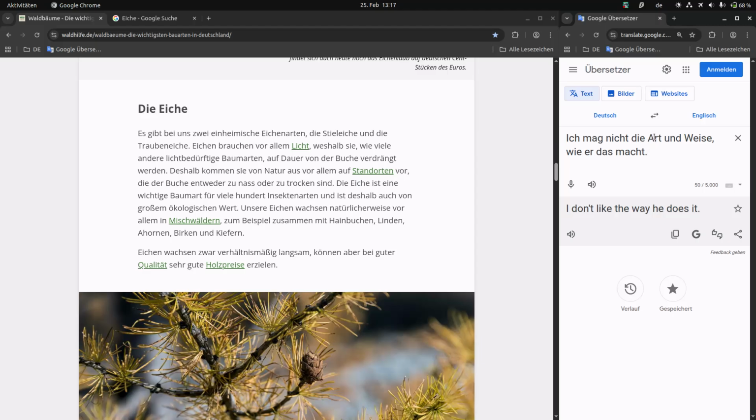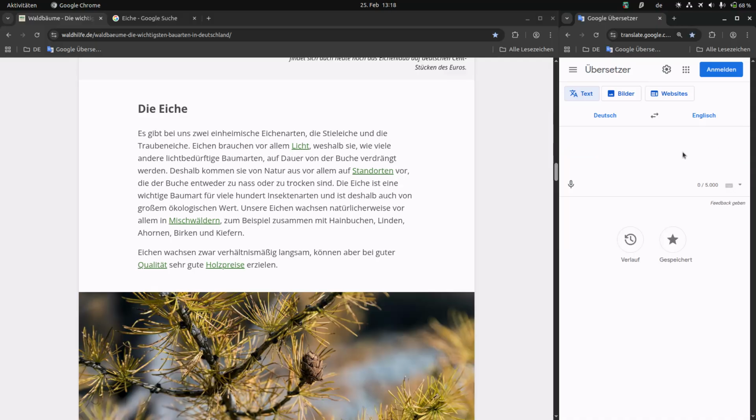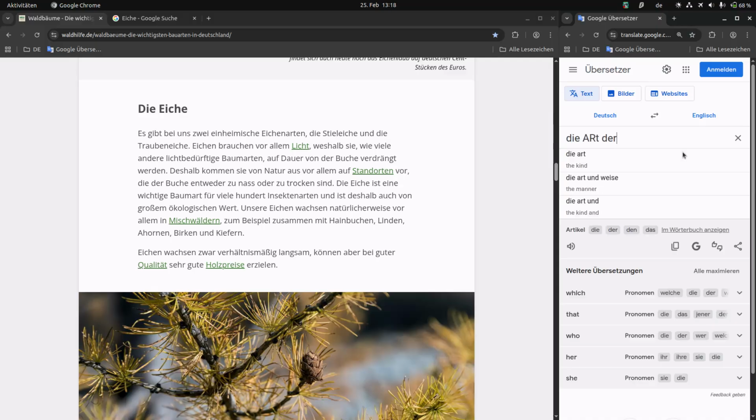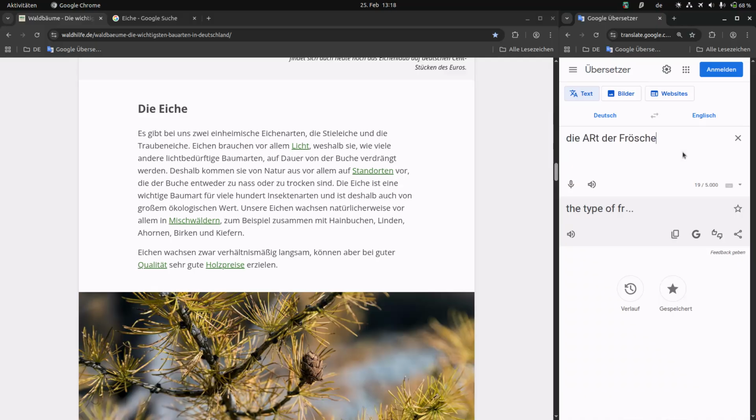I don't know why it's always Art und Weise, because why do you have to say a second word which is basically the same? Of course, in different circumstances it's not the same. You can't say, for example, die Weise der Frösche, because die Art der Frösche refers to the classification or type of frogs, and Weise is more like way of doing something.